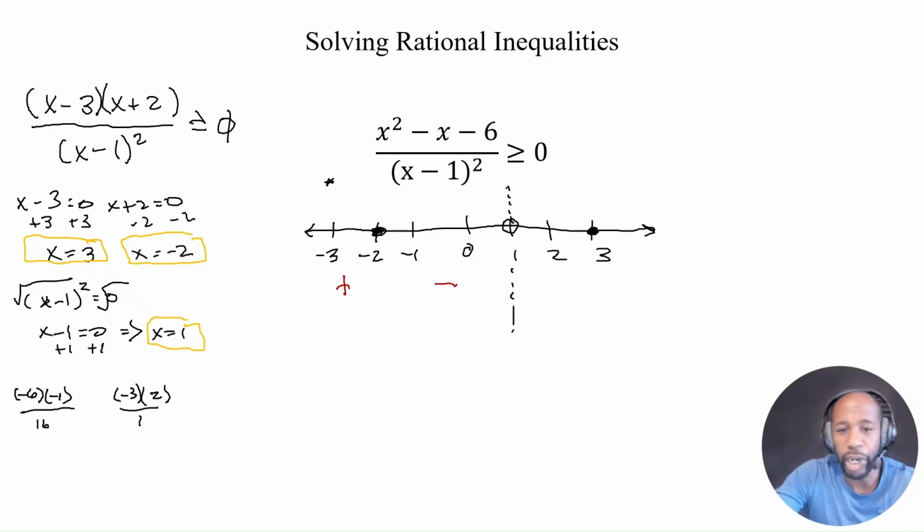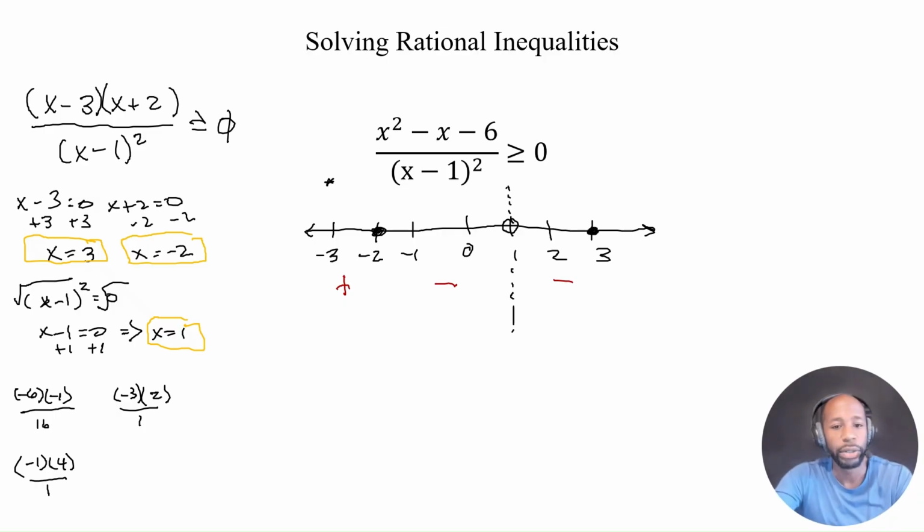And then finally, well, not finally. So now we have between 1 and 3. So we'll test 2. 2 minus 3 is negative 1. 2 plus 2 is 4. 2 minus 1 is 1, which squared is 1. So this is going to be negative also in this region.